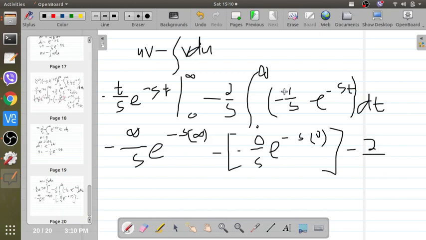Take out the constant: negative 1 over s times 2 over s is just equal to plus 2 over s squared.